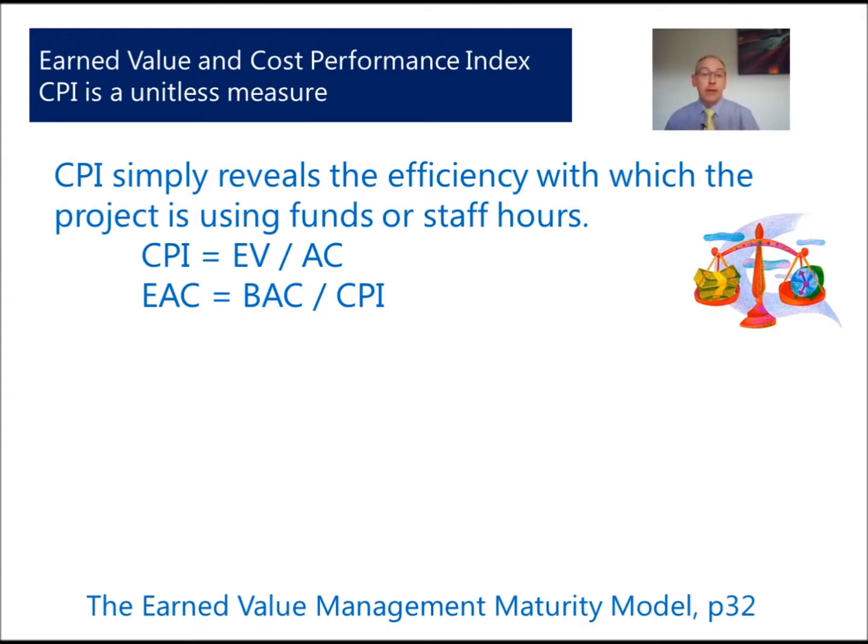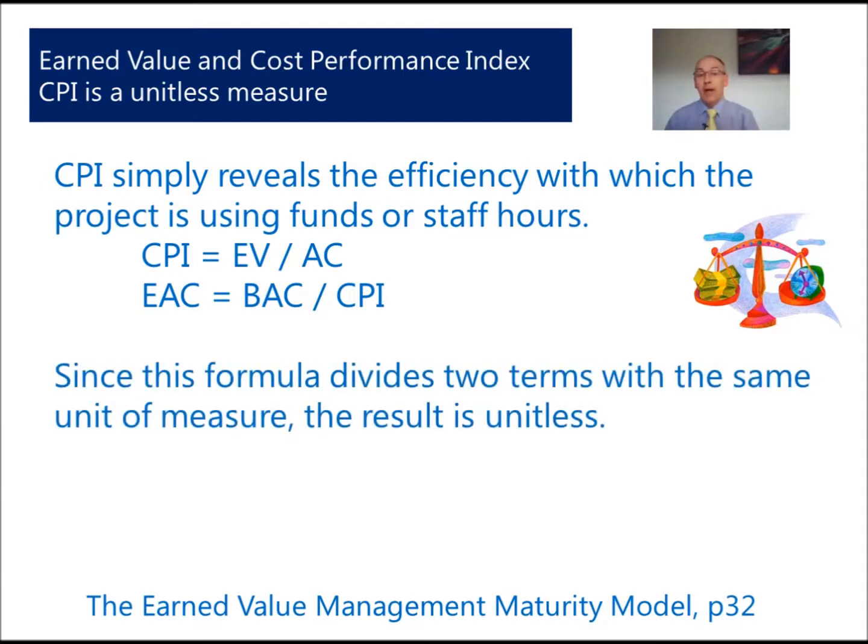And if our estimate at complete is our budget at complete divided by our CPI, and because we might have earned value and actual cost in hours, we can use this metric because we're looking at two terms with the same unit of measure. In this instance then, it's hours. So it's valid to identify the CPI, and therefore our estimate at complete could be in hours, not necessarily in financial terms.